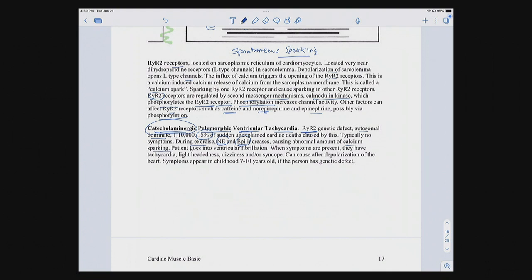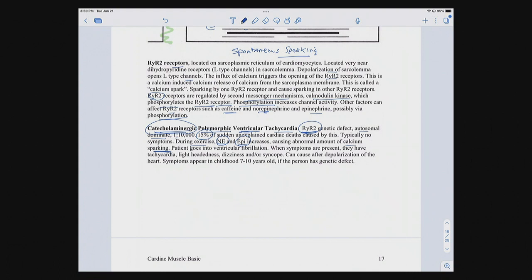and it can cause an abnormal amount of calcium sparking. Going back to the RYR2, there's something wrong with it. So now it's oversensitive to the presence of calcium, particularly if a catecholamine, norepinephrine or epinephrine, is influencing the RYR2. We're going to see later that when the heart sees sympathetic stimulation, again epinephrine, norepinephrine, there are cellular changes within the cardiomyocytes, so you're going to have changes in the RYR2 receptor and in many other things as well.